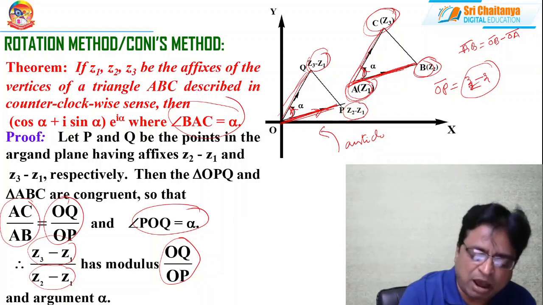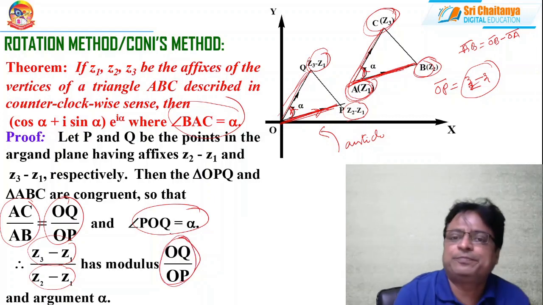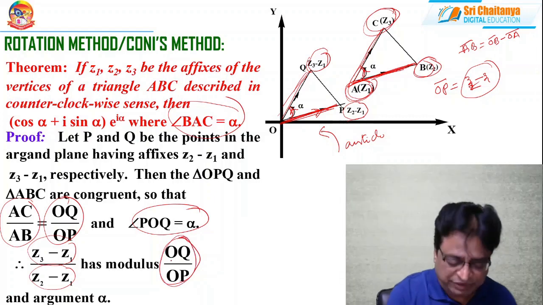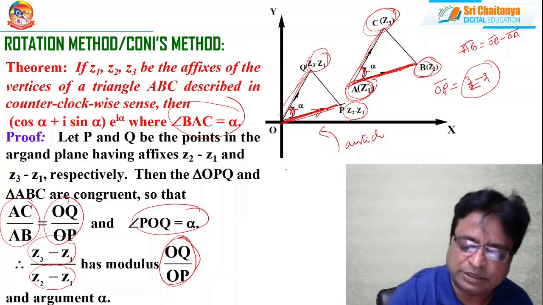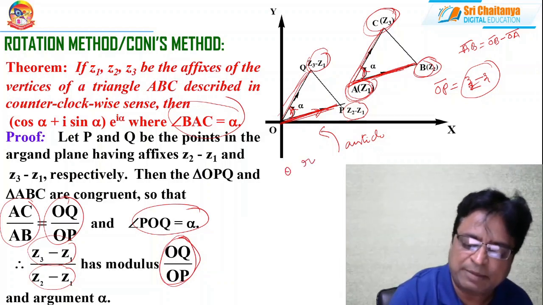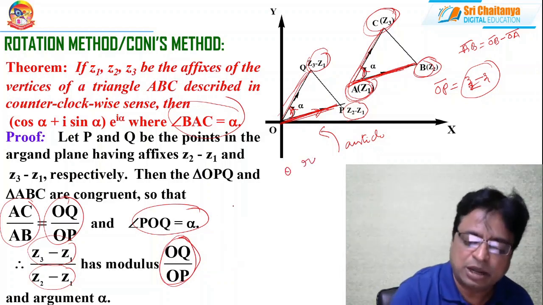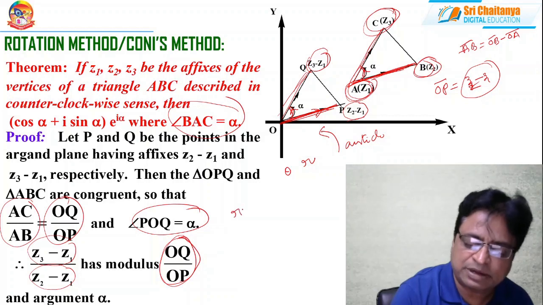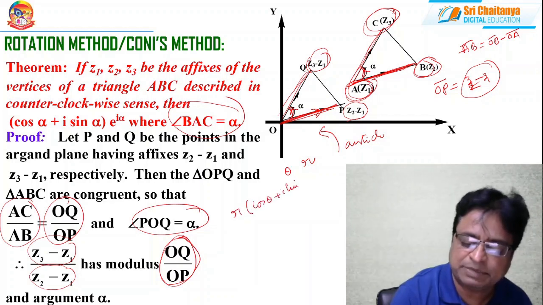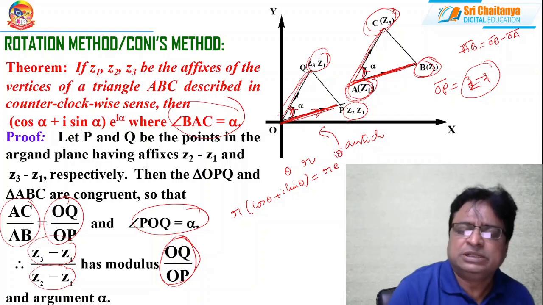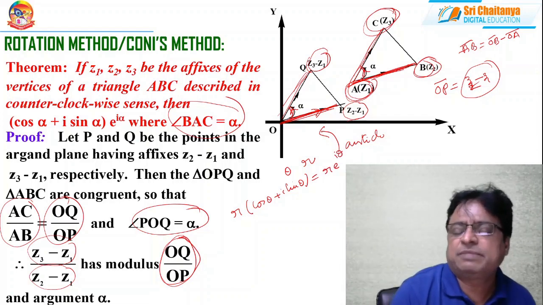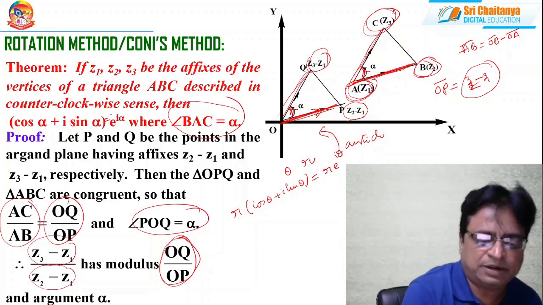So here my r is OQ by OP. If I know the argument theta and the magnitude r, how can I represent a complex number in Euler's form? r into cos theta plus i sin theta. This is the simplest form. Or I can represent this as r e to the power i theta. These are all familiar forms for me. Here it is e to the power i alpha.